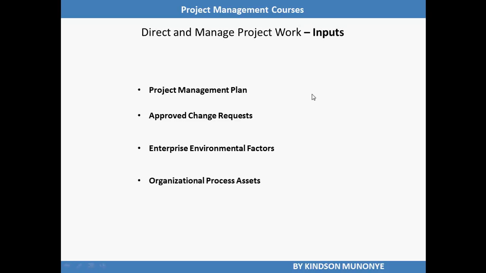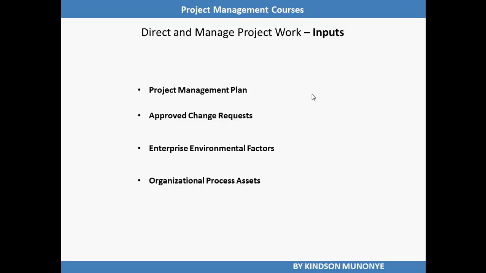What of organizational process assets? We have something like guidelines and work instructions of the organization, communication requirements of the organization, issue and defect management procedures of the organization, process measurement database used to collect and make available measurement data on process and product, etc. So these four items are the inputs to the direct and manage project work.